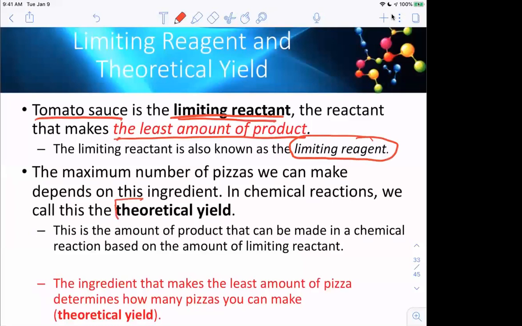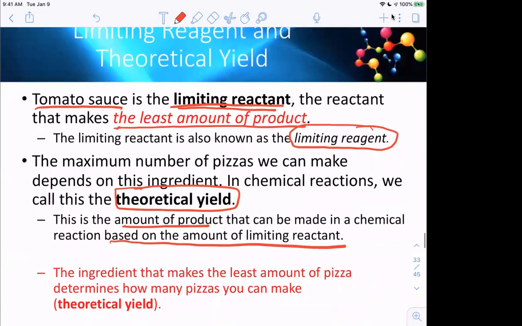This would be called the theoretical yield. The theoretical yield is the amount of product that can be made based on the amount of the limiting reactant. So the ingredient that makes the least amount of pizza determines how many pizzas I can make.